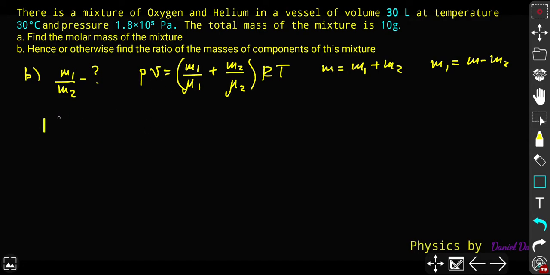So we have PV over RT will be equal to, so M1 is this ratio, so we can use M2 molar mass plus M2 factorized, and here's going to be mu2 and mu1, and here is going to be the difference, I guess, mu2 minus mu1.